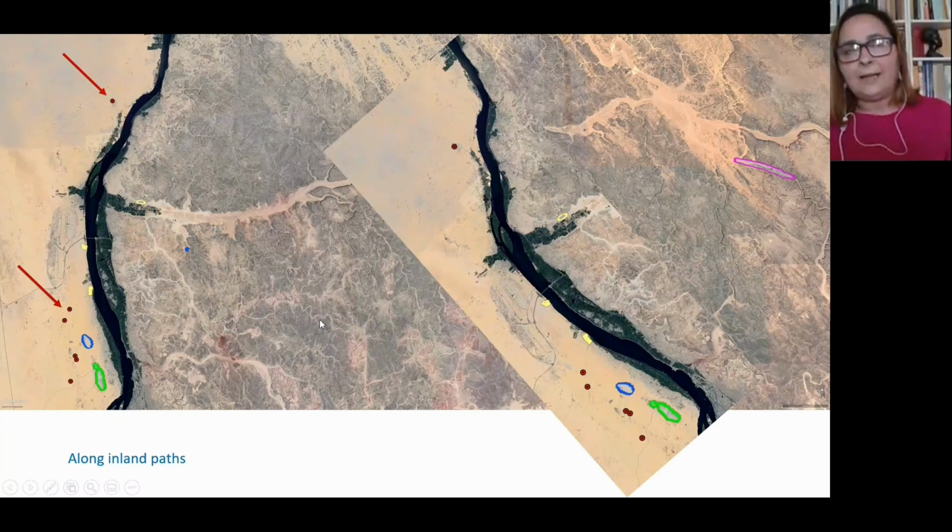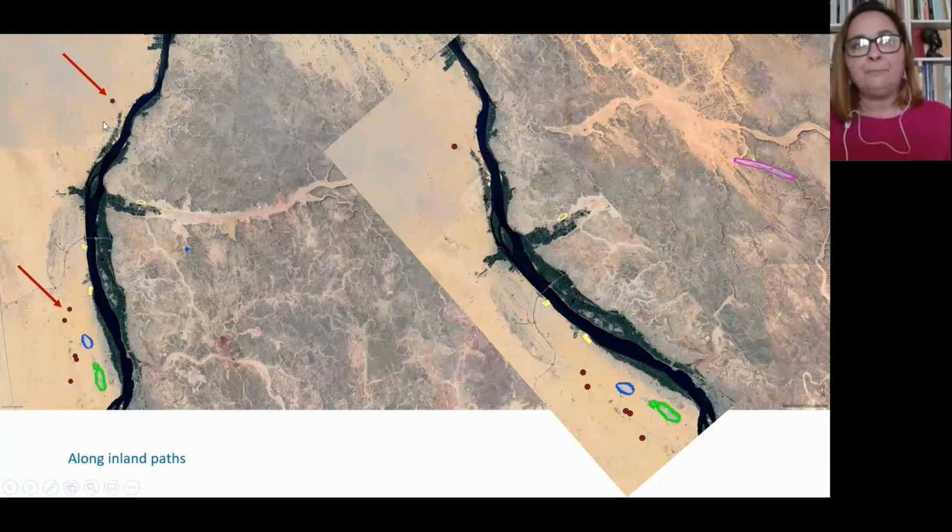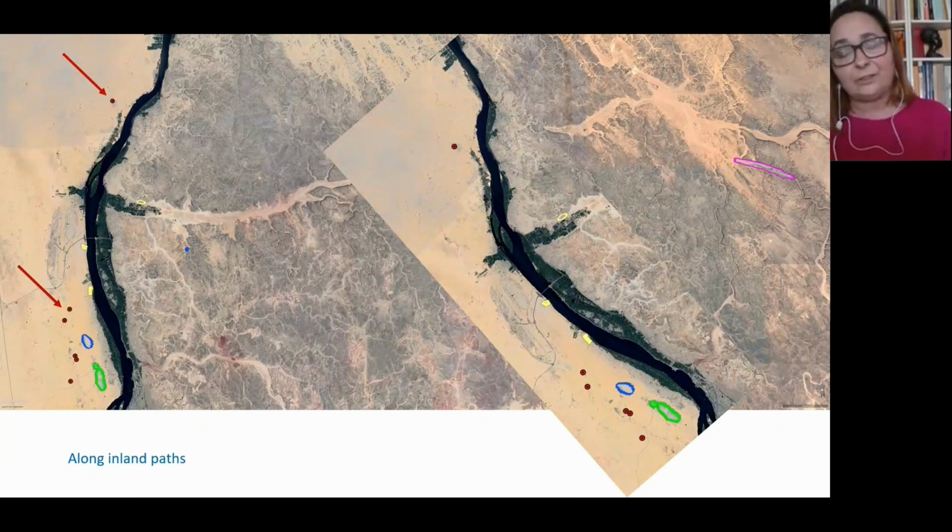Other rock art sites are along possible inland paths. We have to remember that during summertime in ancient periods, not nowadays, the Nile was flooding the valley around it.